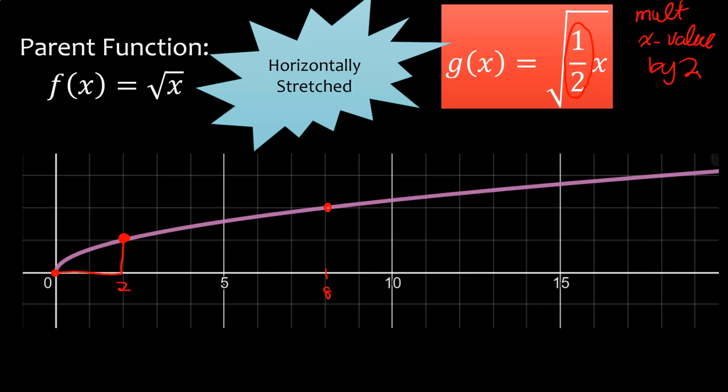Okay, so instead of 9, 3, we will have 18, 3. And there's that point. And that's how we horizontally stretch a graph, by multiplying the x value by the reciprocal of this factor. Okay, because inside we do the opposite.